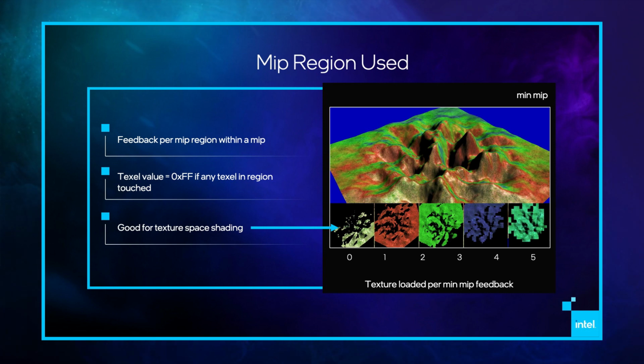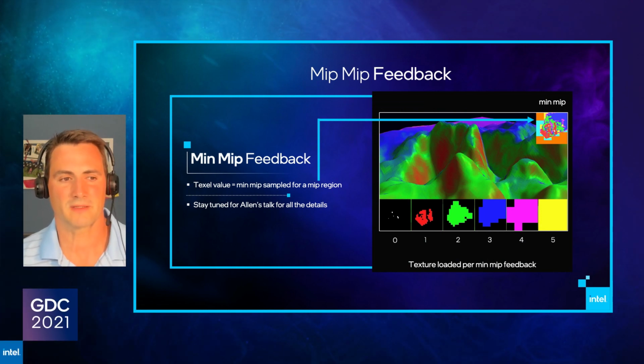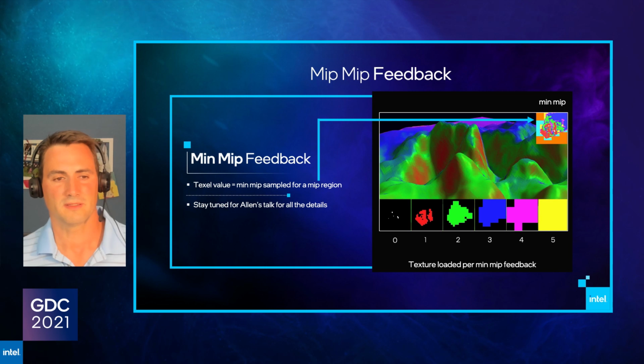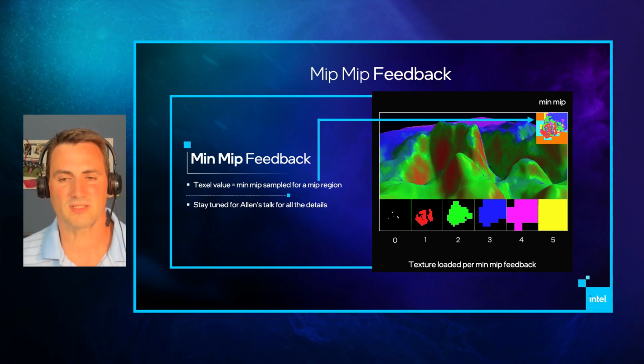A texel value of 0xFF will tell us that MIP region was referenced via a sample operation. The other sampler feedback method is min-MIP feedback. Min-MIP feedback tells us the minimum MIP that needs to be resident for a sample operation to complete. Stay tuned for Alan's talk, for he will fill in all of the details.